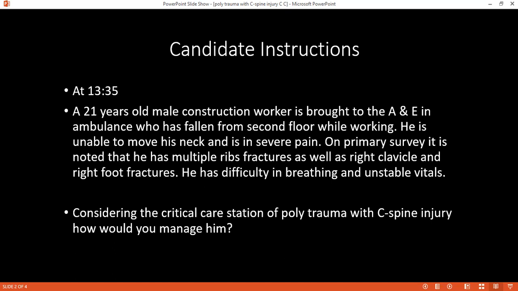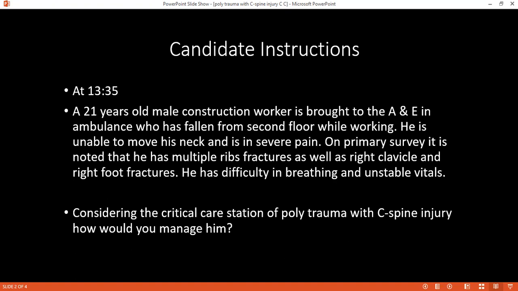All right. And how would you manage the patient's multiple fractures, rib fractures and clavicle fractures, foot fractures? When would you take care of those? Actually, the ABCDE protocol is the priority.